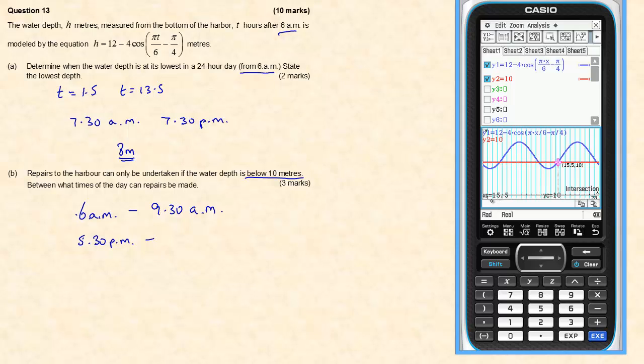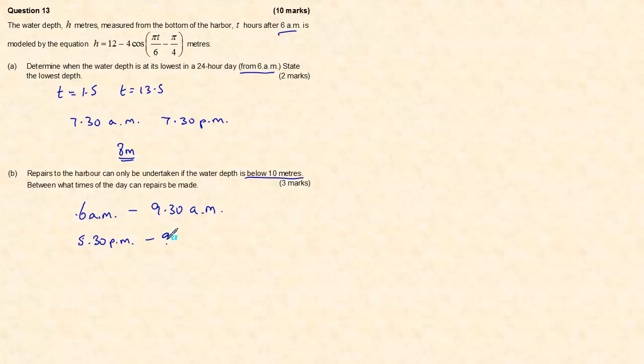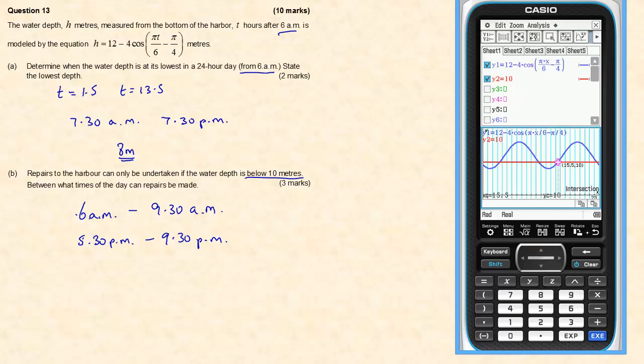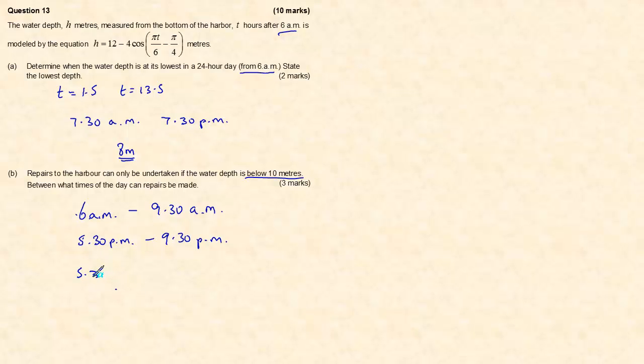So if 12 is going to be 6 p.m., that's going to be 9:30 p.m. And then if we carry on, we've got 5:30 a.m. until 6 a.m., which is when the whole day is over. And let's just make a note that that's the next day.